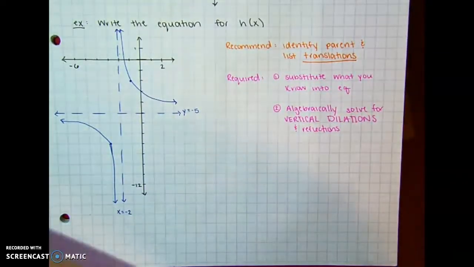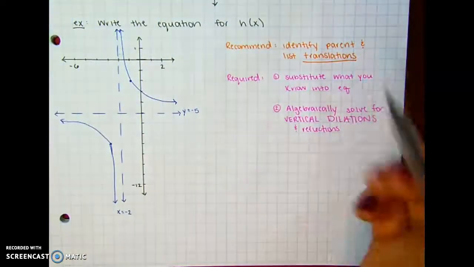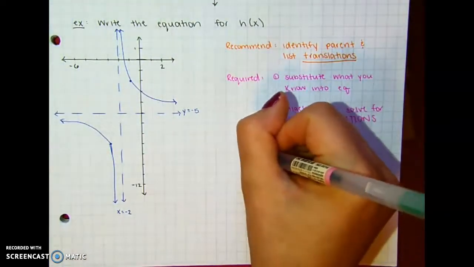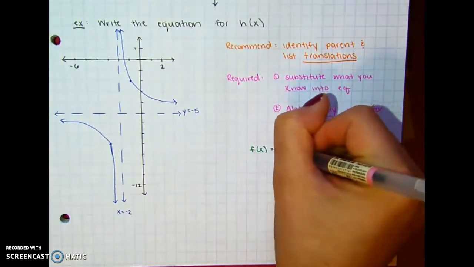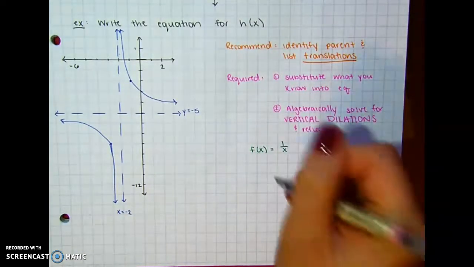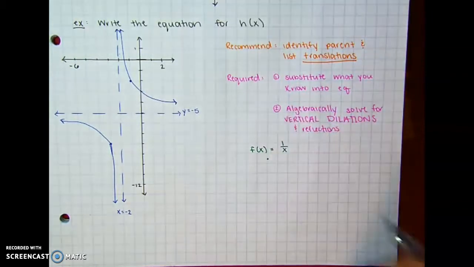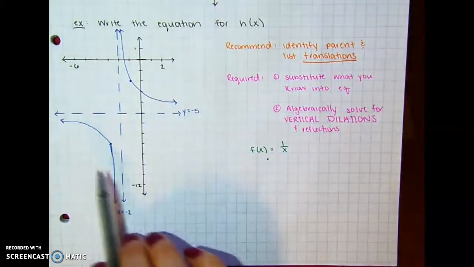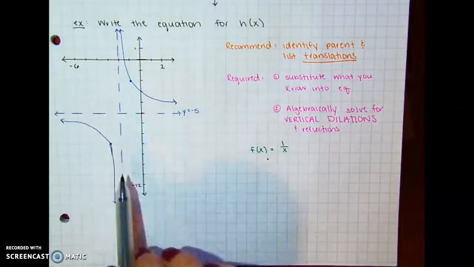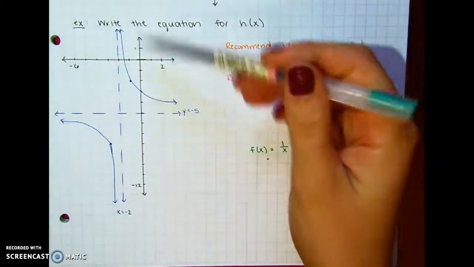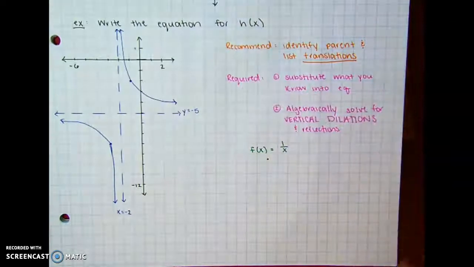So my recommendation, I'm going to start there. I'm going to write the parent. So this is the reciprocal function. So 1 over x is the parent. And then if I'm looking at my graph, remember for reciprocal functions, you know the translations based on the asymptotes, because the asymptotes are normally at x equals 0 and y equals 0.